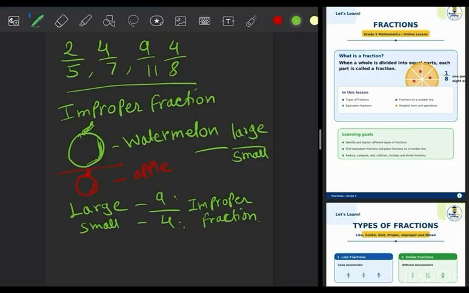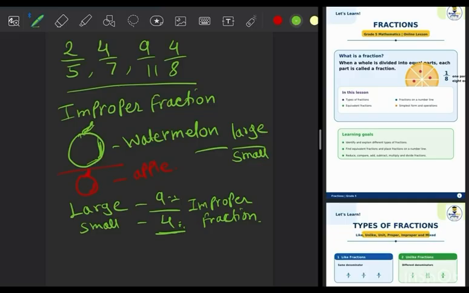Why is it an improper fraction? Because it is improper for the smaller number 4 to hold up the bigger number, the large number 9.